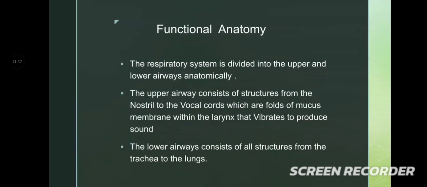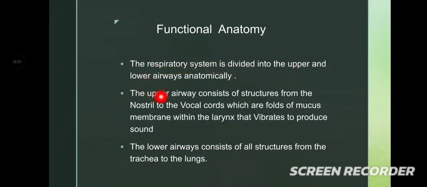Now, let's begin by looking at the functional anatomy. Functionally, the respiratory system is divided into the lower airway and the upper airway. This is the functional classification of the respiratory system.